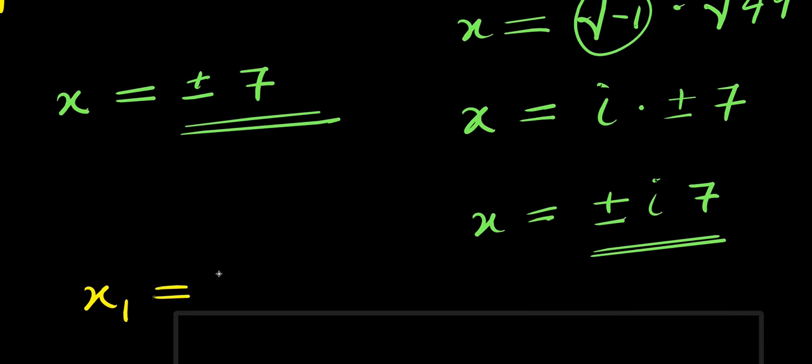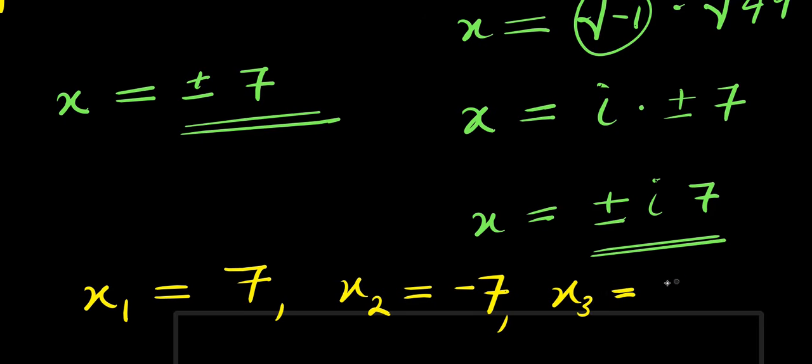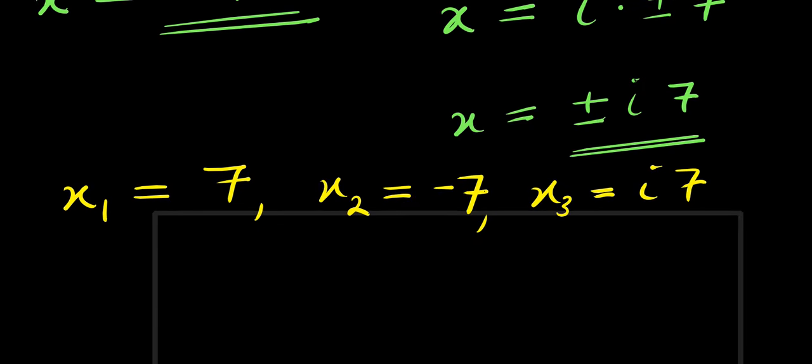Let's start from the real solutions. x1 equals 7. x2 equals negative 7. x3 equals i times 7. And x4 equals negative i times 7.